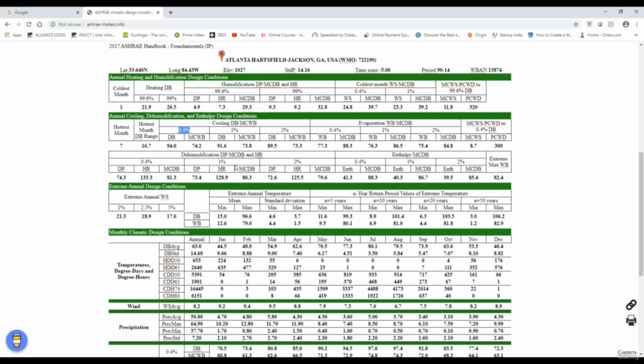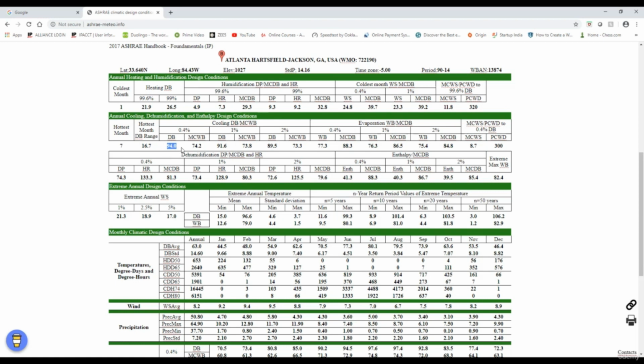The dry bulb temperature of 94 F will occur 0.4% of the time all around the year, which means 365 days multiplied by 0.4%, about 14.6 days. Thus, we have to design for these conditions so that our design doesn't fail, even for the worst case scenario of 0.4%, where the dry bulb temperature is 94 F.